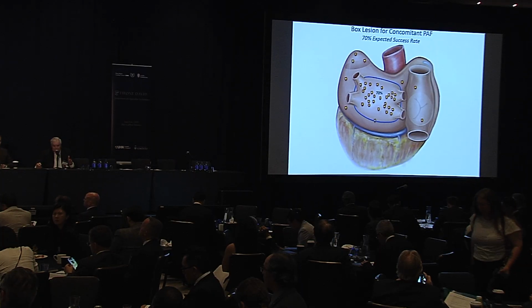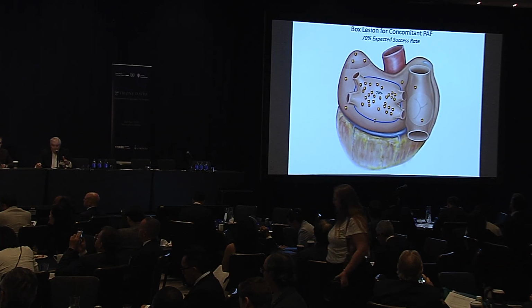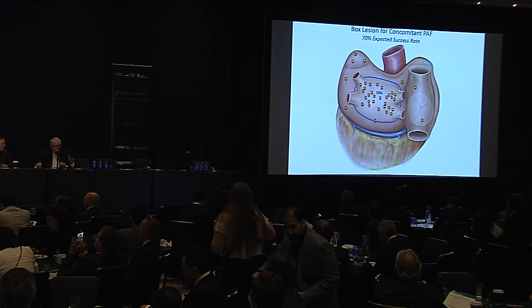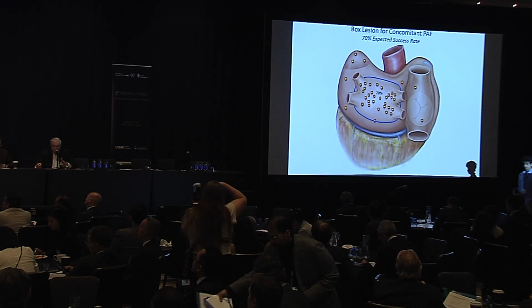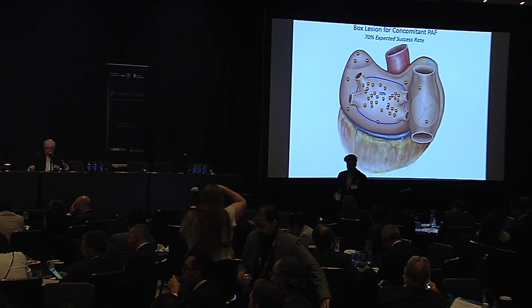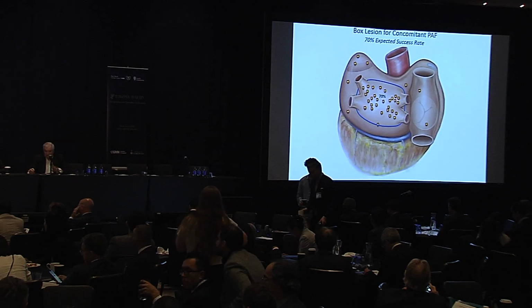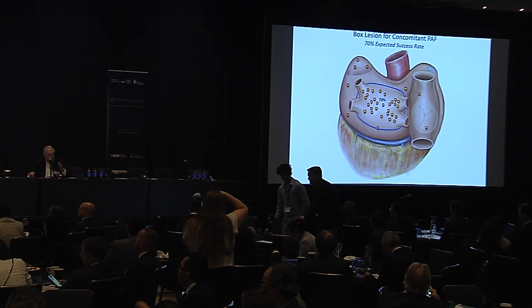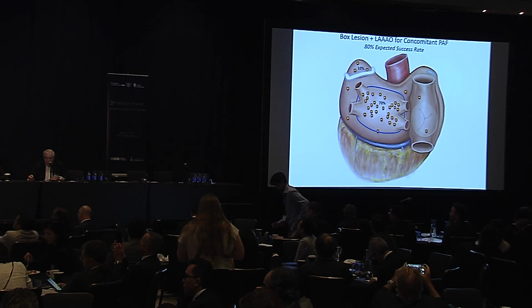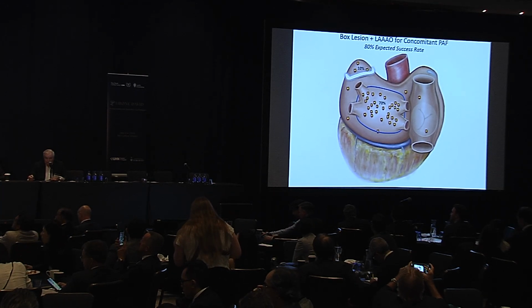That leaves 50%, evenly distributed more or less between the left pulmonary veins and the right pulmonary veins. Therefore, about 25% are located in the left pulmonary veins, 25% in the right pulmonary veins, 20% in the posterior wall. If you then look at the left atrial appendage, about 10% are located there.